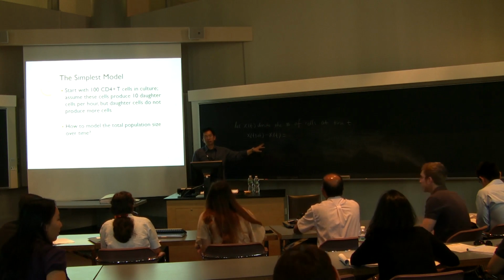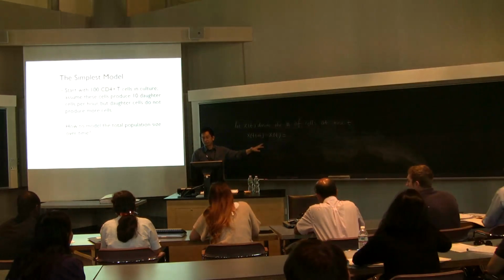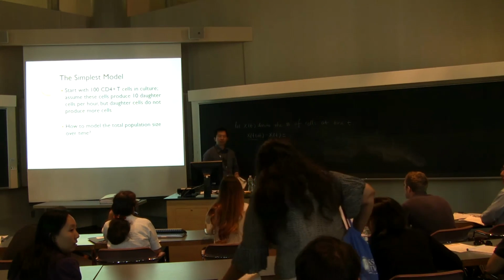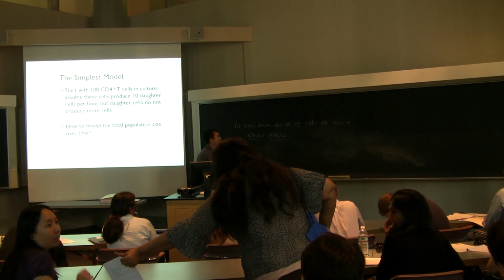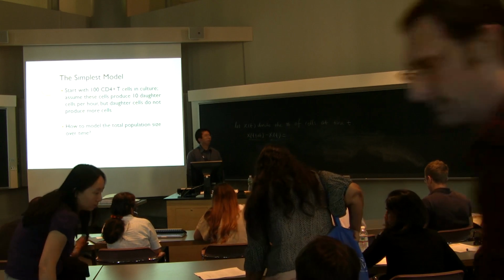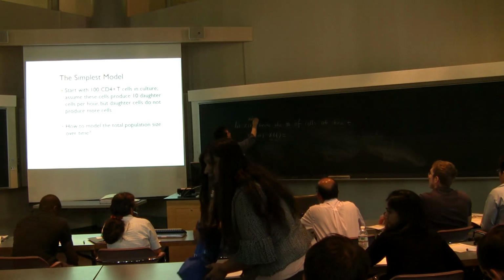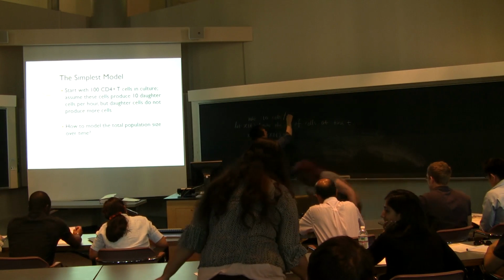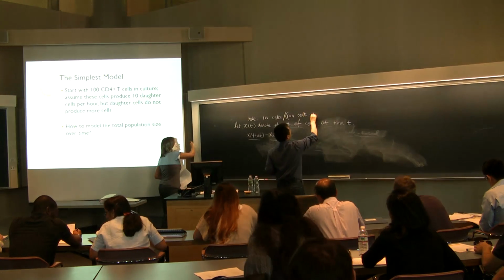I'm looking at the change of the variable during a small time interval. So here, this is the difference in the cell number after delta t. So what's the right-hand side? We know that the rate is 10 daughter cells per 100 cells per unit time.